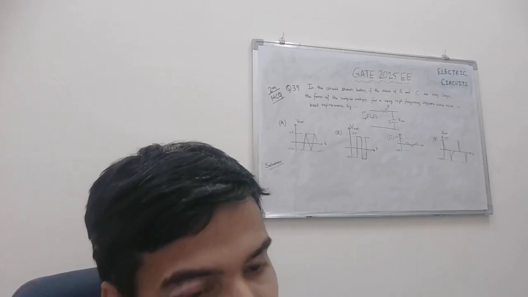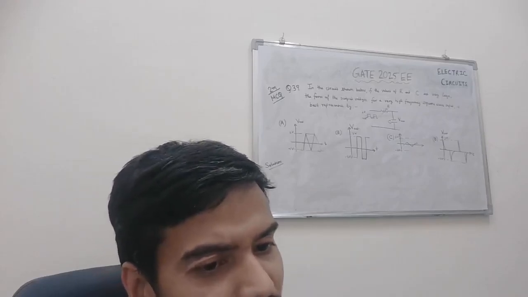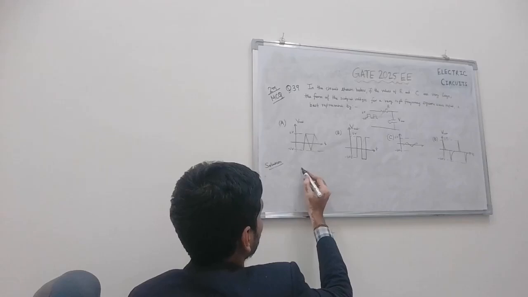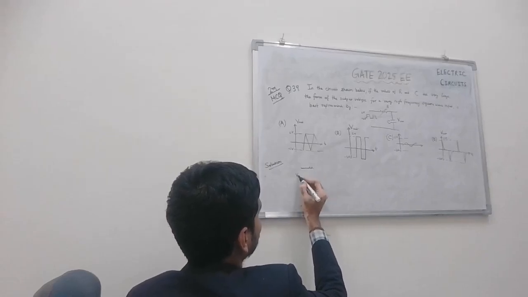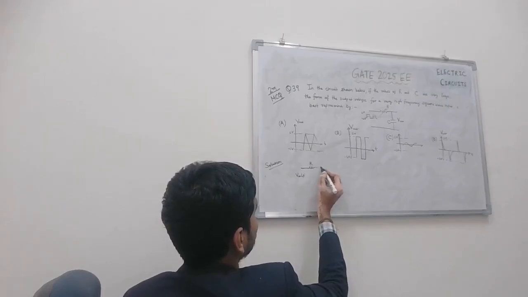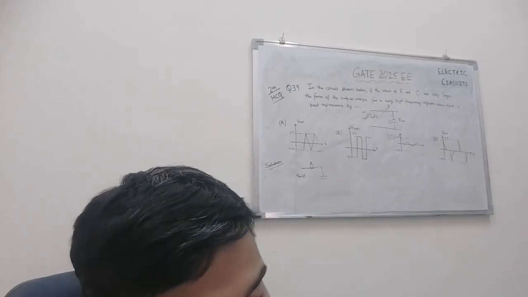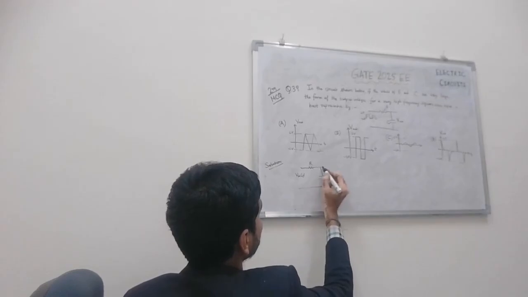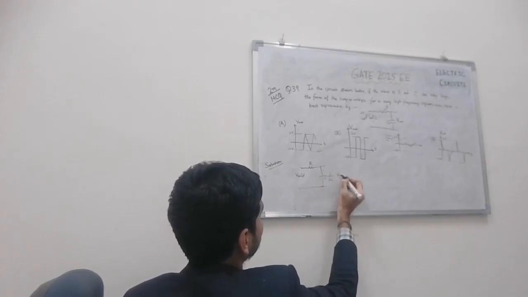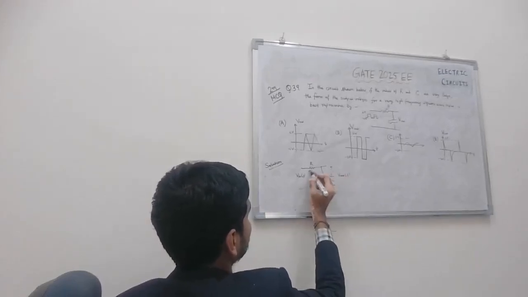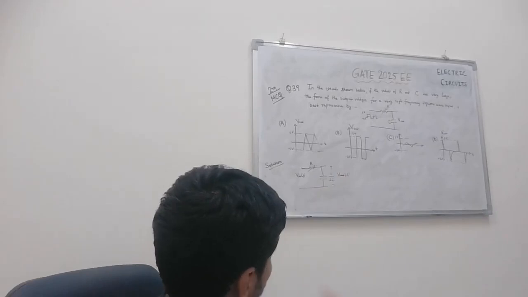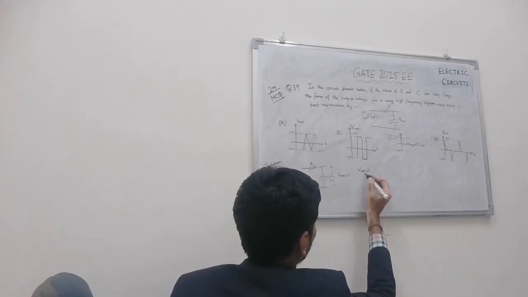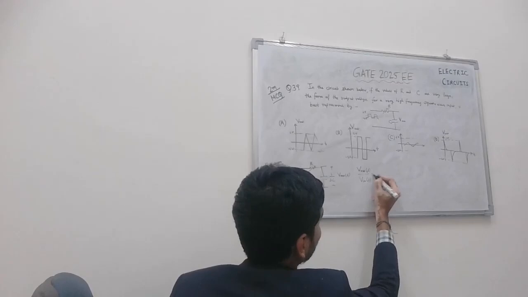Basically, what we can do is some frequency domain analysis. In the frequency domain circuit, the capacitive impedance is 1 by sC. If you take the transfer function, what will you get?